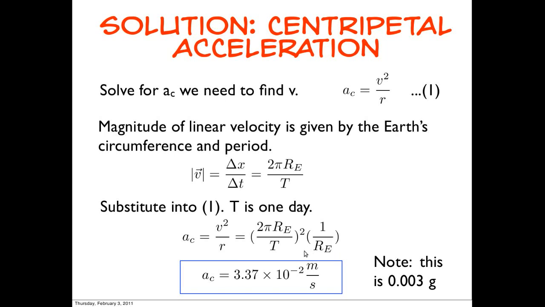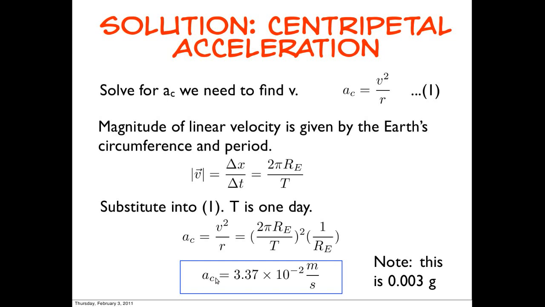If you plug the numbers in and work this out on your own, you will find that the centripetal acceleration of a person standing on the Earth at the equator is 3.37 times 10 to the minus 2 meters per second squared. Note that this is 0.003 Gs, where G is equal to 9.80 meters per second squared, the gravitational acceleration.